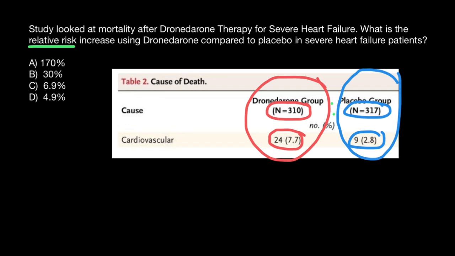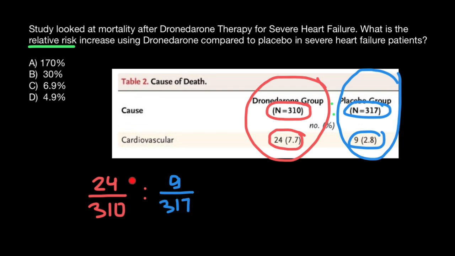So first we convert the first table into a ratio, and this is going to be 24 people died out of 310 people, and in the placebo group, 9 people died out of 317 people.